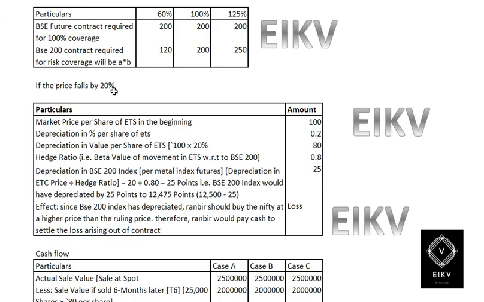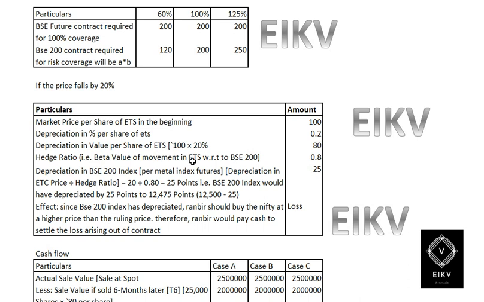Now we have if the price falls by 20%. So if the share price falls by 20%, what will occur? We have the market price of ETZ in the beginning, which is 100 rupees, depreciating by 20%, which gives you the price as rupees 80.